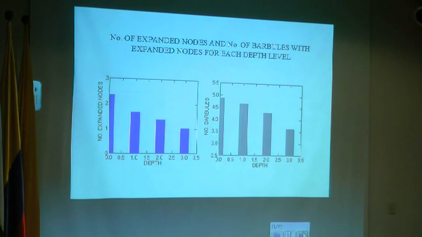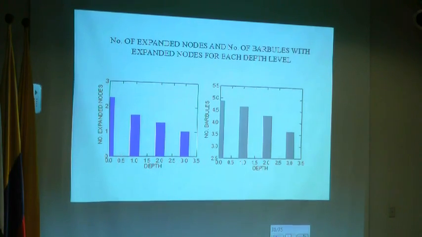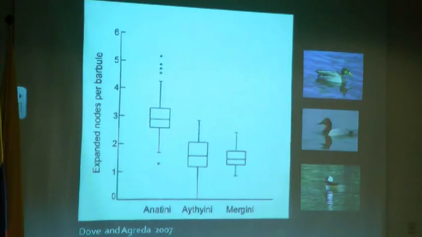We quantified it by looking at the diving depth and the number of expanded nodes, and we found that the deeper the bird dives, the fewer of these nodes that they actually have.